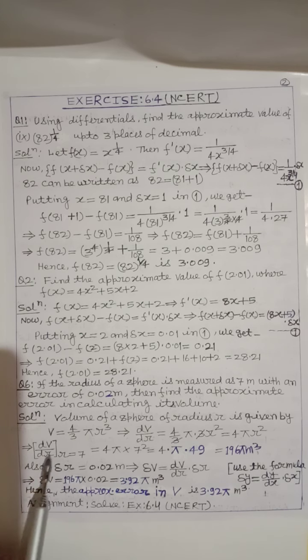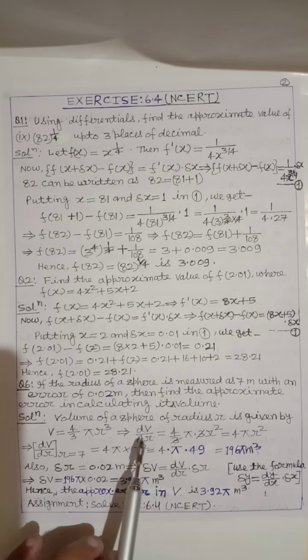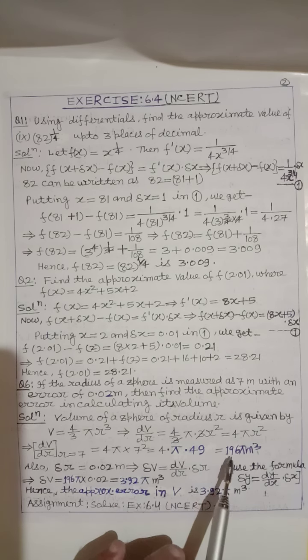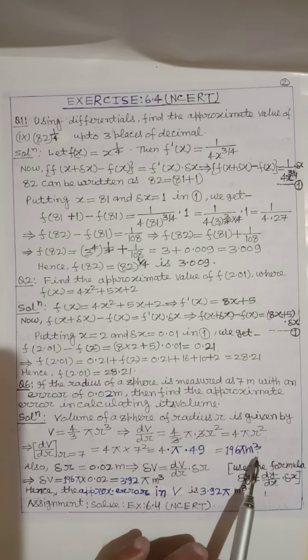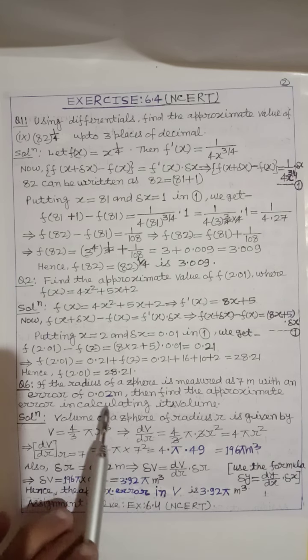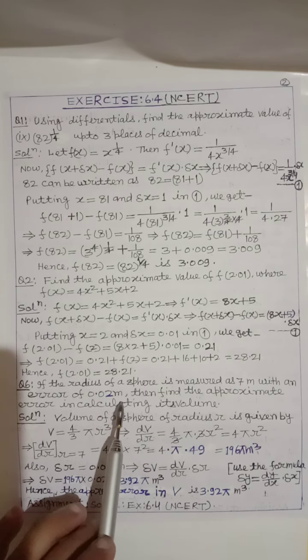Here we solve this, and the value of dv by dr at r equal to 7, means putting the value of r equal to 7 in the value of dv by dr, and we get this equals 196 pi meter cube. Dear students, del r equals 0.02 meter, here already given an error.